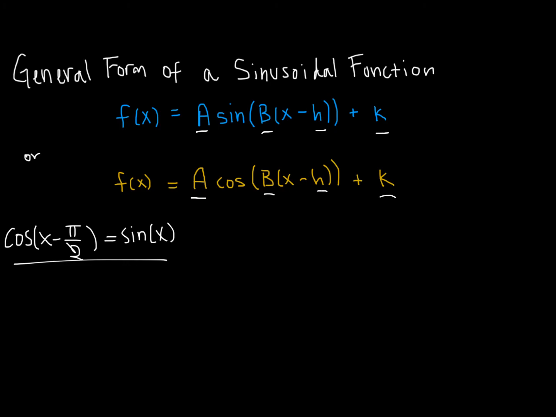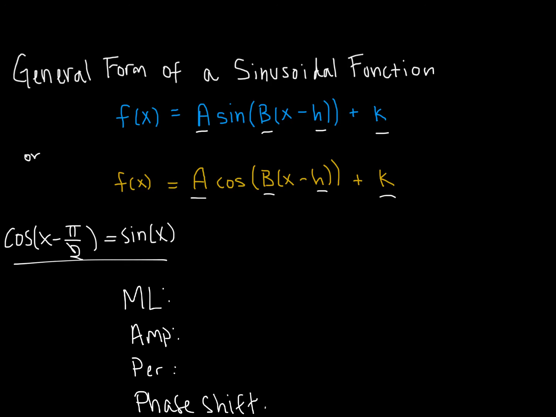And what I want you to do right now is think about which of these are going to change the midline, which will change the amplitude, which will change the period, and which will change what we just learned, the phase shift.